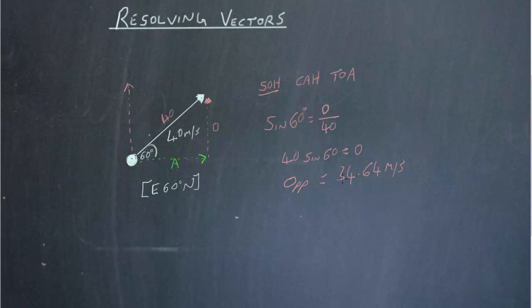Now let's look at the significant figures. We've got 4 here, and we've only really put 2 sig figs into the equation, so we need to round this to 35 meters per second. Very similar with the green, the adjacent.